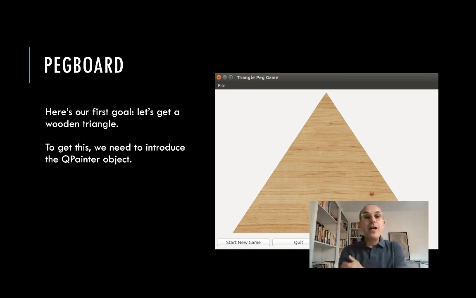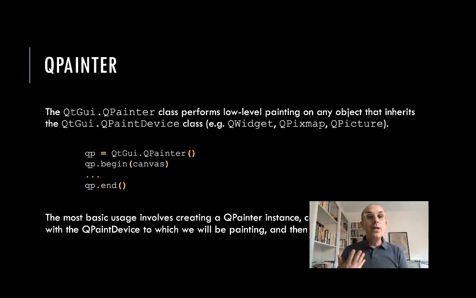Let's take, for example, a wood triangle. For this, we need to introduce a QPainter object. The QPainter is a class for platform low-level painting on any object that inherits the QtGui.QPaintDevice class.